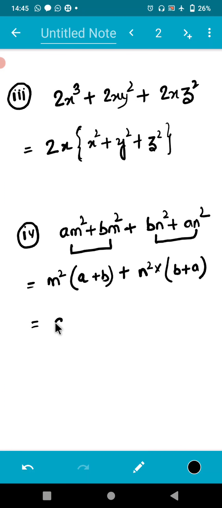So now we'll take a plus b as common. If we remove a plus b from here, only m square will remain, and from the other term only n square will remain. So this is the final answer of sum number 4 of question number 3.